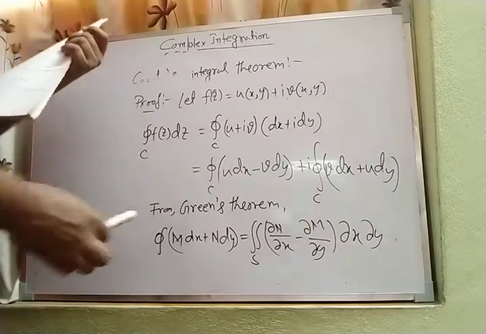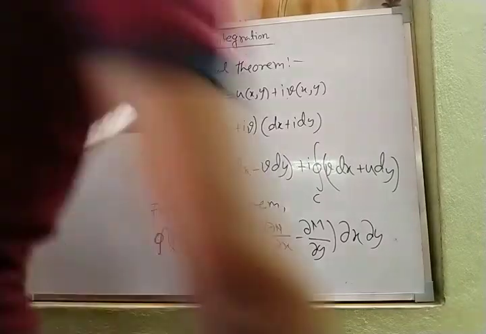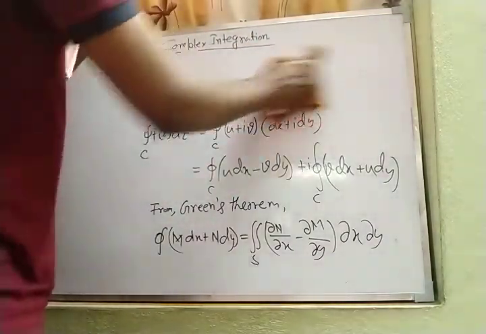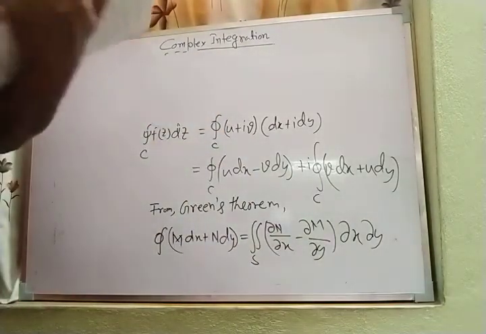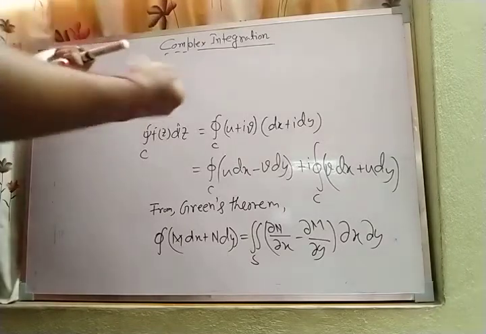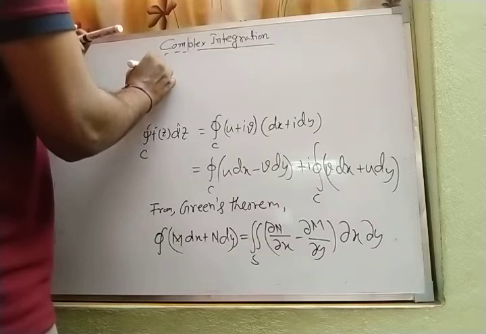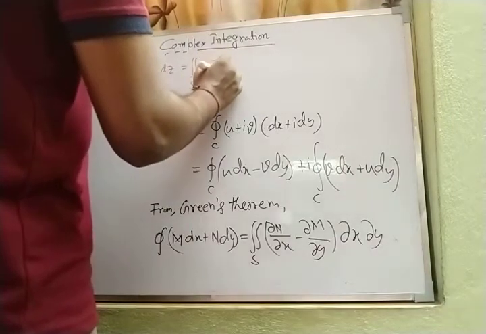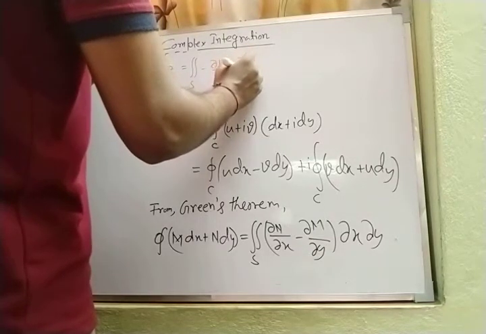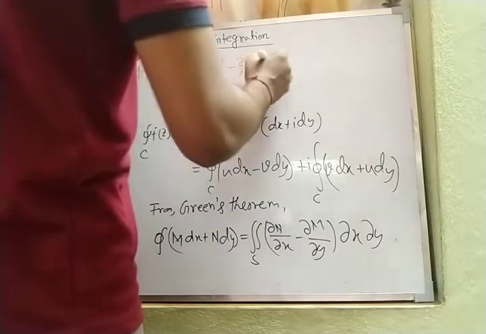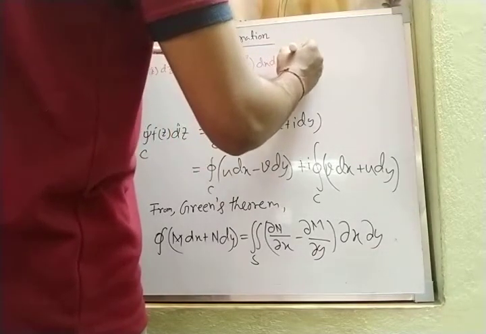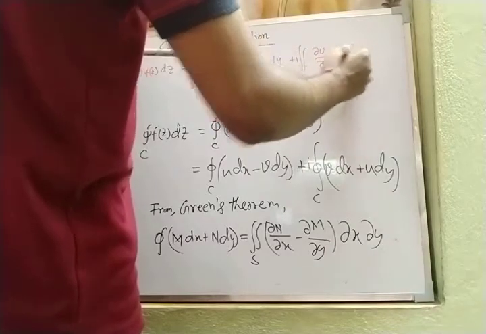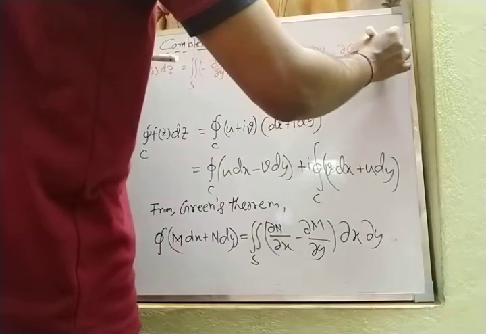Now using this, you can write closed integration of f of z dz equals surface integration of minus del u by del y minus del v by del x into dx dy, plus i surface integration of del u by del x minus del v by del y.